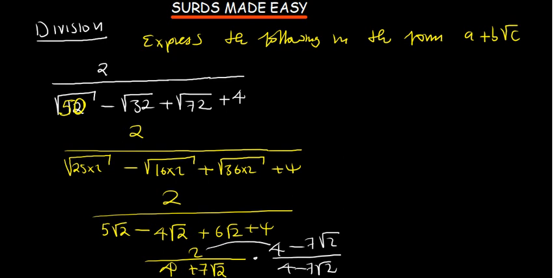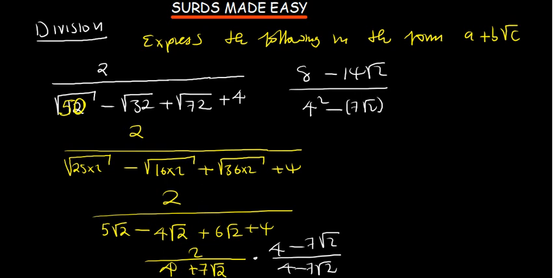So this 2 times this 4, that gives us 8. And then the 2 times negative 7, that gives us negative 14 square root of 2. The denominator, remember, those are conjugates of each other. Get the first one, square it, minus. Get the second one, also square it.